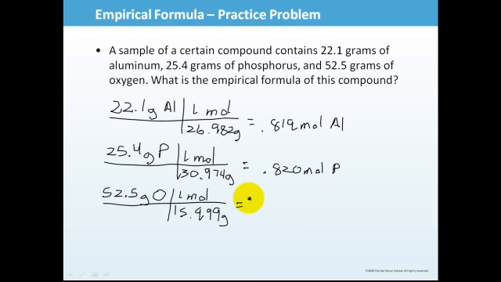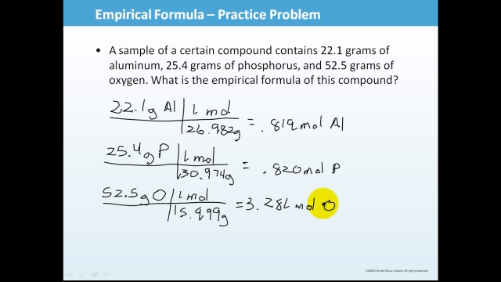And this gives us 3.281 moles of oxygen.